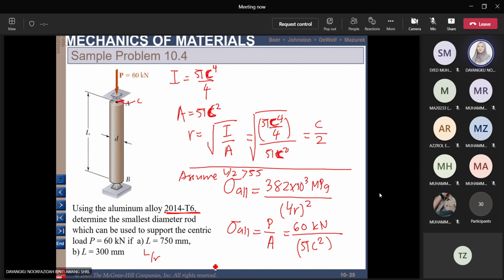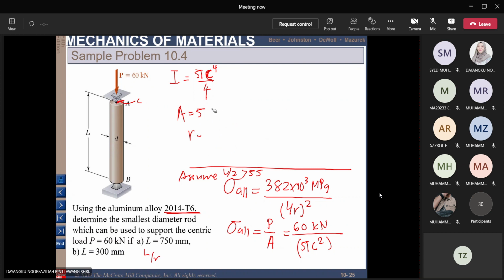Okay, so you need to change this part here. Okay, so we will get 382. So R is equal to C over 2 just now.